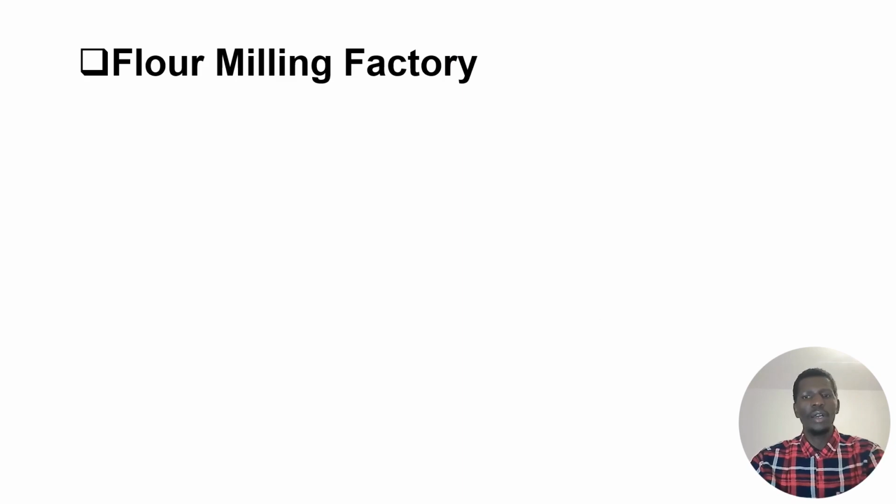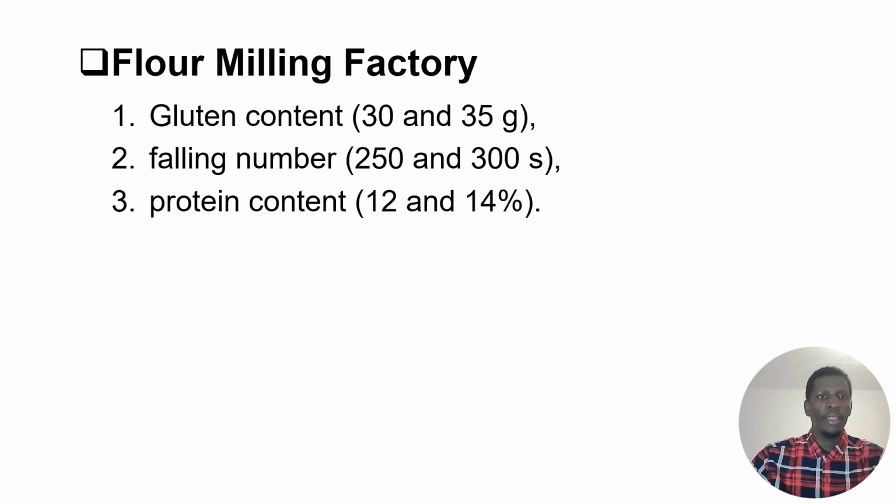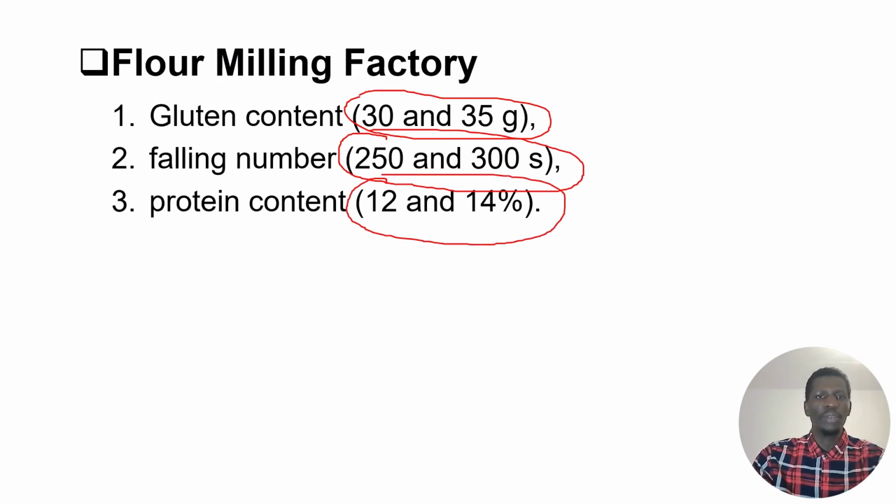This is another example of a design objective for a flour milling factory, which says that the gluten content must be between 30 to 35 grams. The falling number must be between 250 to 300 seconds, while the protein content must be between 12 to 14%.